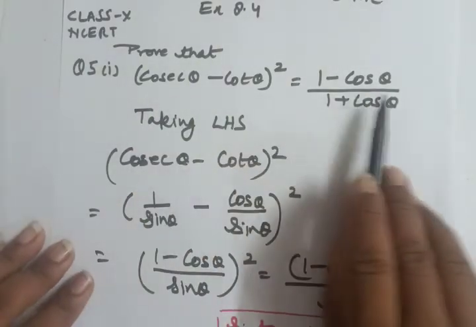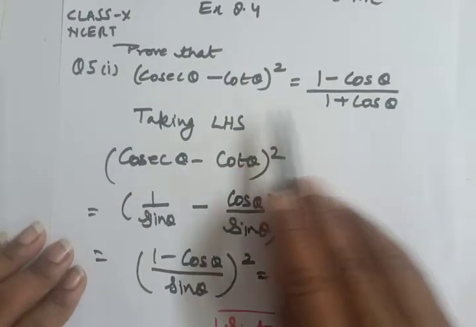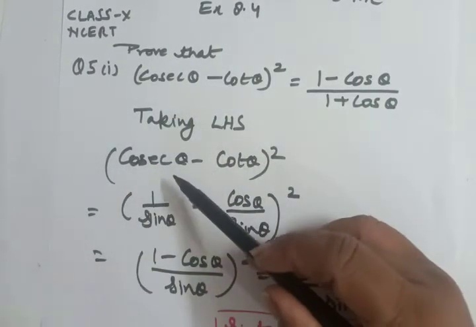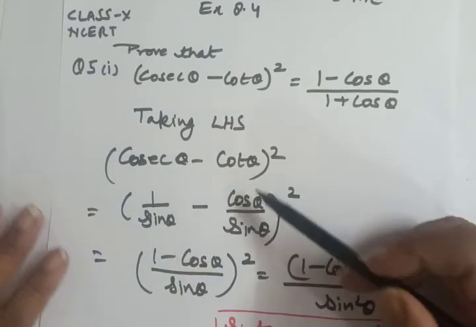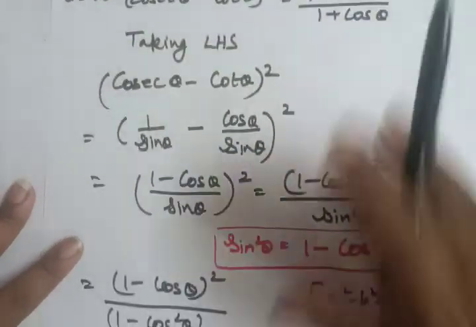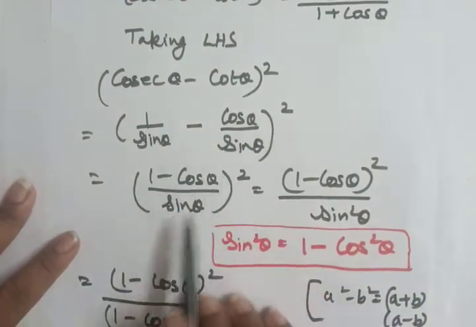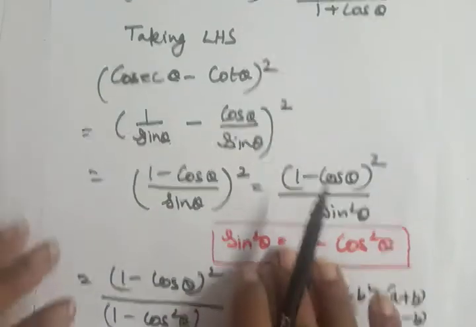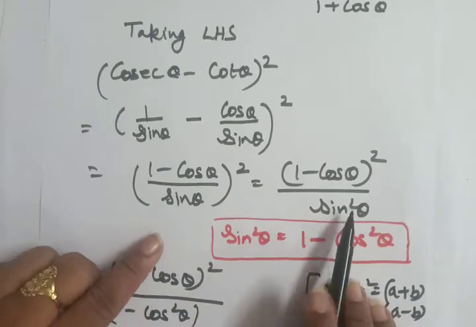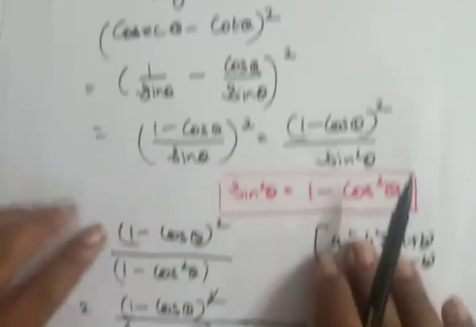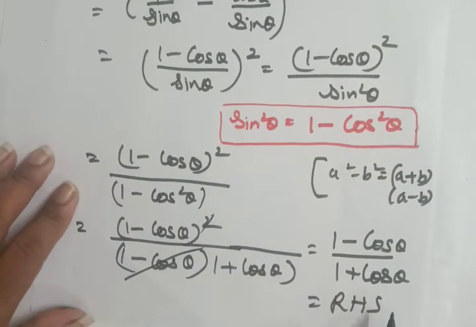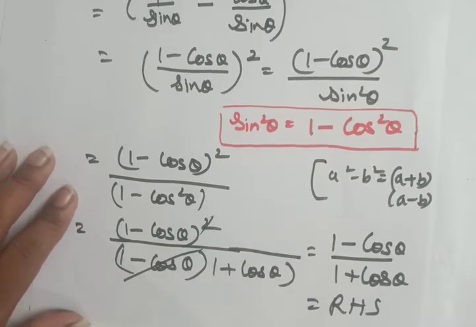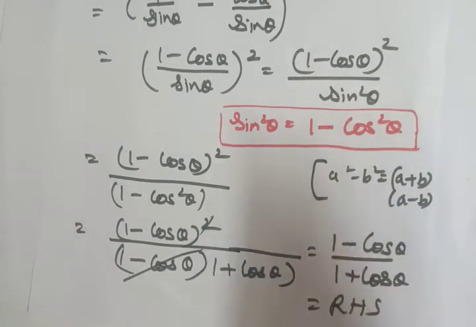What we have done: as we need cos theta on the right hand side, we converted cosec theta into 1 upon sin theta and cot theta into cos theta upon sin theta, and then we converted sin square theta by using the identity, and we have got the result. So I hope it is clear. Let's take the second part of question number 5.